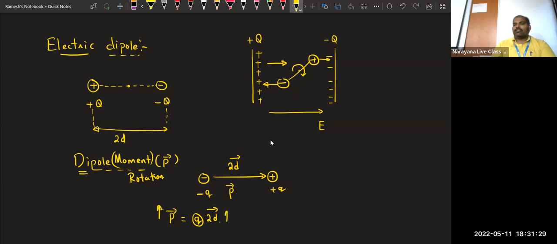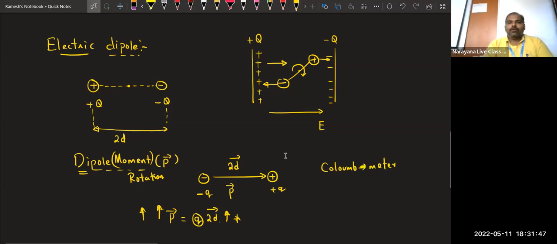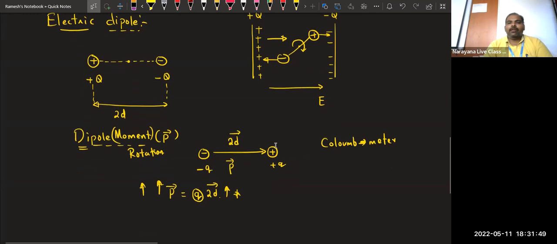As you increase the length also, dipole moment will increase. What are the MKS units to measure the dipole moment? Charge is measured in coulomb and distance is measured in meter. Coulomb into meter you have to pronounce. Now this is the one very important parameter.